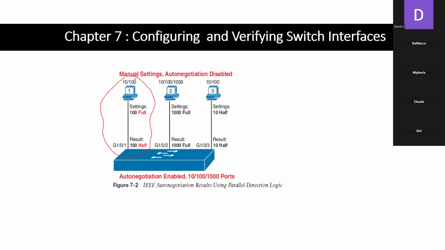Duplex on one side is full, duplex on the other side is half. They both use the same speed. However, PC1 using full duplex does not attempt to use CSMA/CD, carrier sense multiple access with collision detection, logic to send frames at any time.